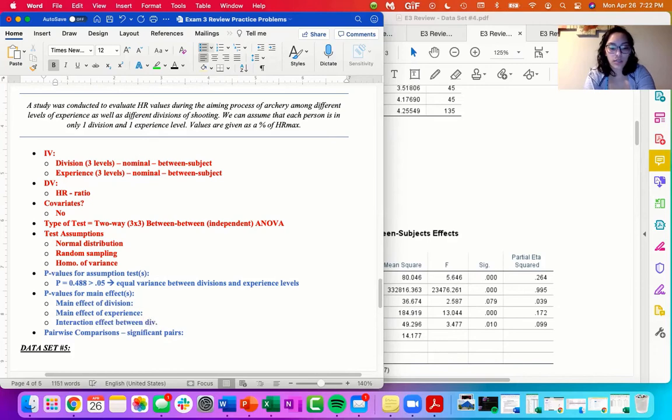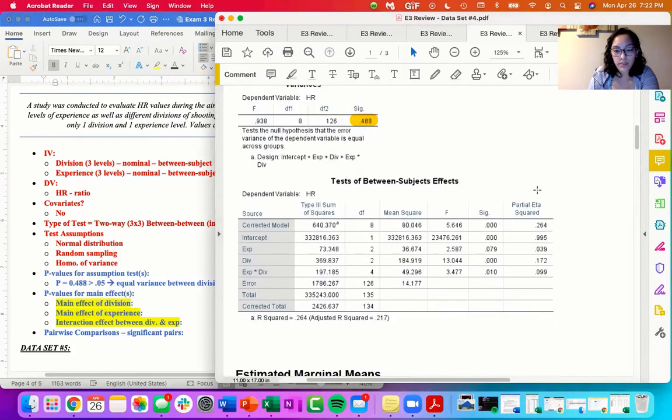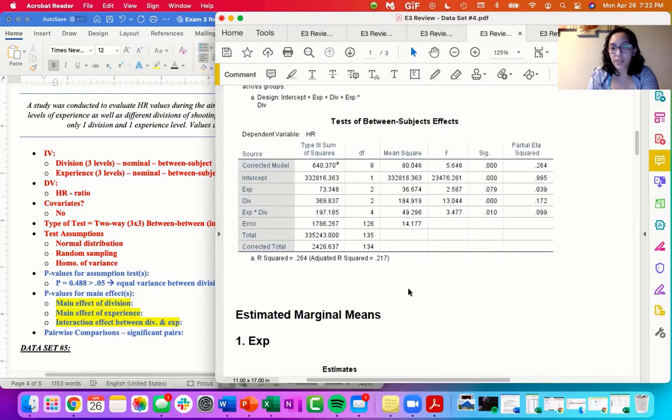I'll just put div and exp. I'll highlight these again so they stand out. All of these will be in our between subject effects area because that's all we have to look at.